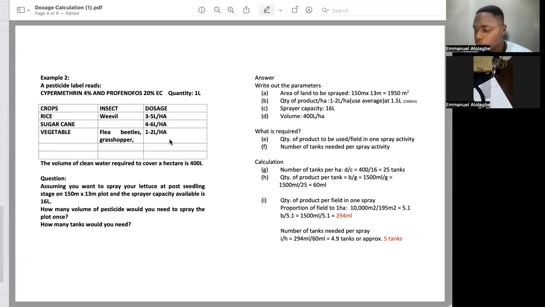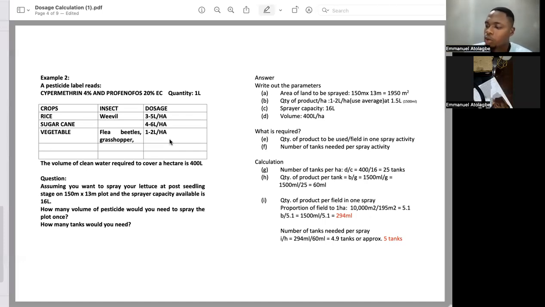So do your cross multiplication: 1,500 ml divided by 25 will give you the amount that will be in one 16 liter knapsack.